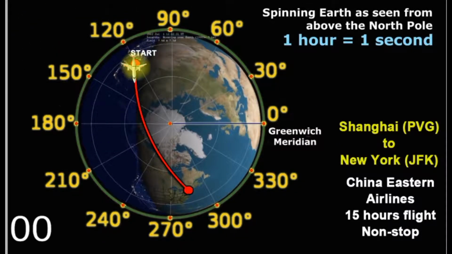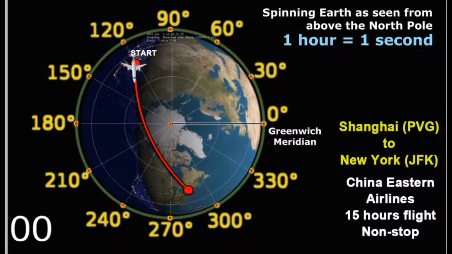Alright guys, this is the flight back, Shanghai to New York. Same thing, 15 hours. Point of start right here. Earth is back to its position. Here's the prime meridian. The flight will start from Shanghai, 15 hours. Pay attention to the counter. And New York is right here.